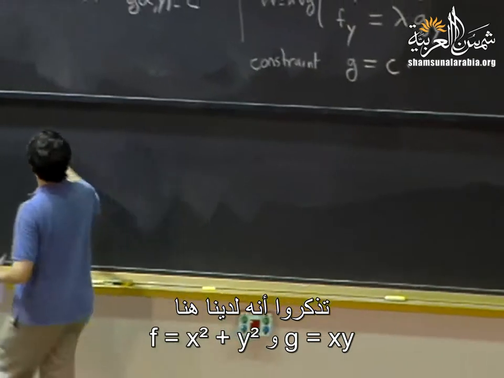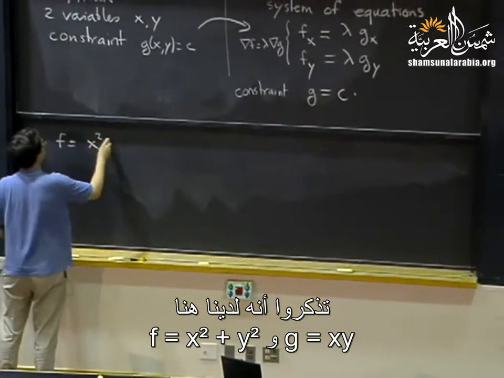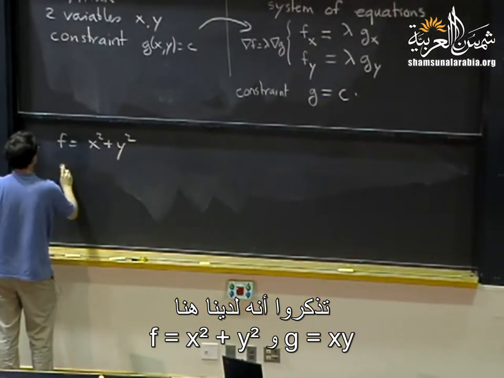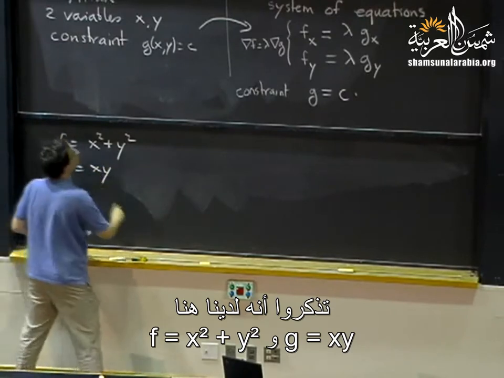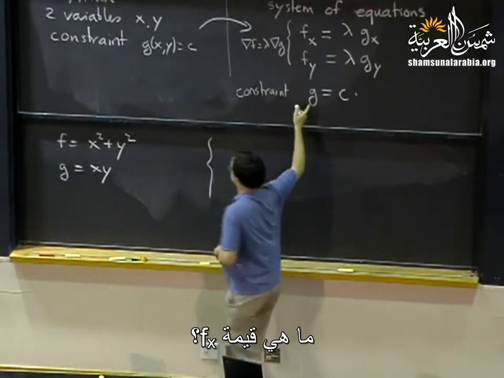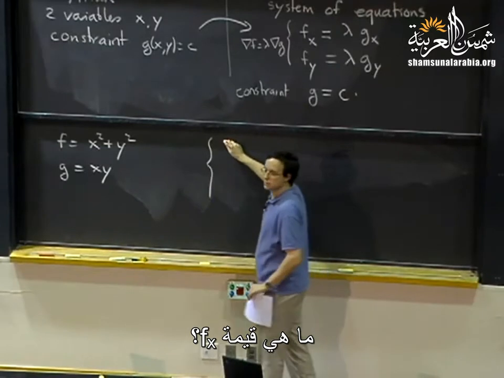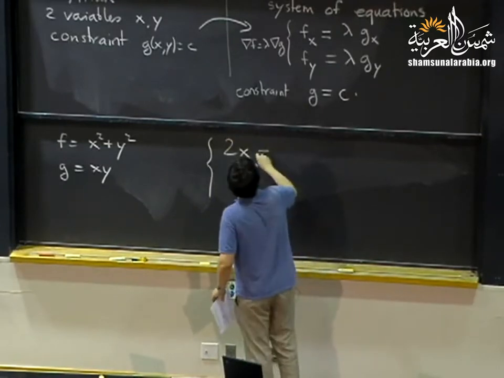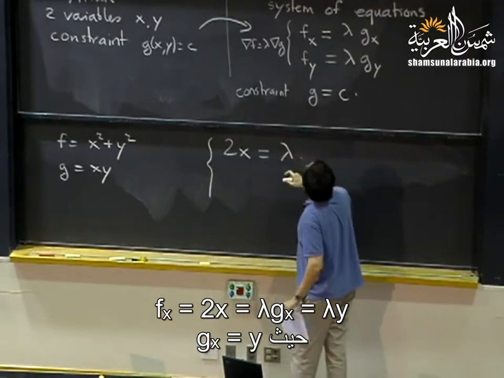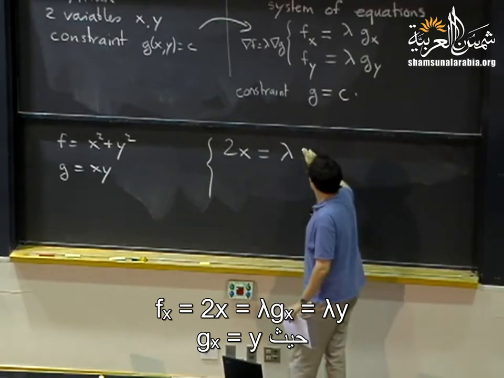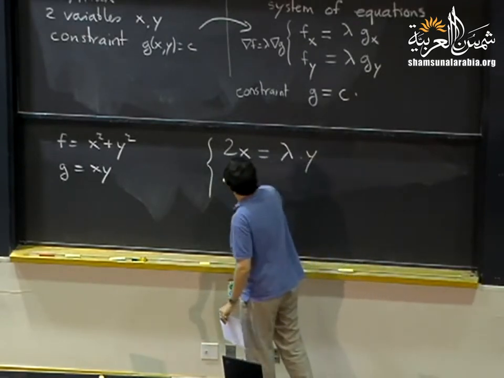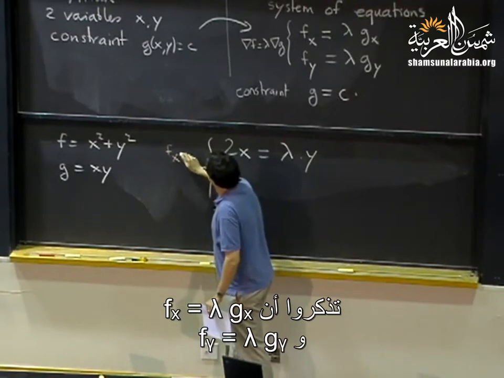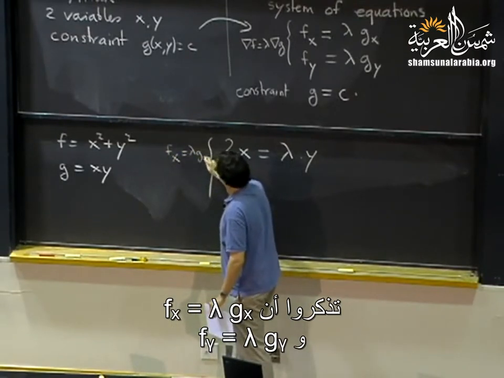So here, remember, we have f equals x squared plus y squared, and g equals xy. Okay, so what's f sub x? That's going to be 2x equals lambda times what is g sub x? y. Maybe I should write here f sub x equals lambda g sub x, just to remind you.